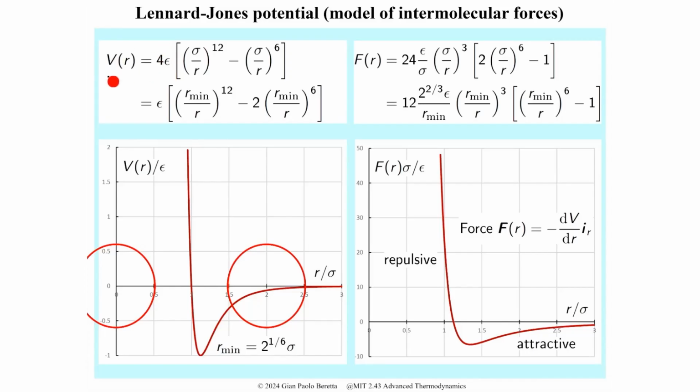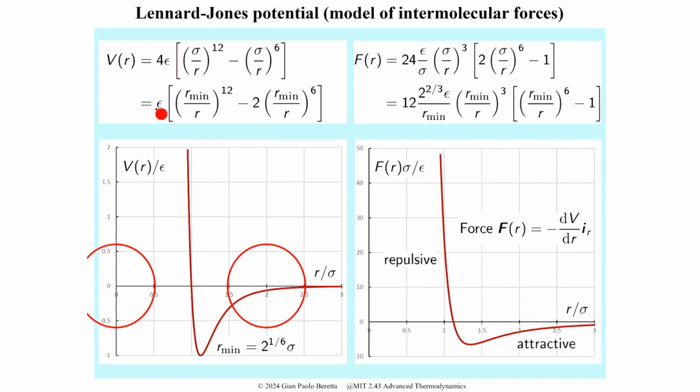The Lennard-Jones potential formula is written in two different ways here. One is in terms of the actual distance, and one is in terms of the distance normalized to the distance at which the minimum occurs. Sigma, as I already said, R is normalized here to sigma, so it's 1 at the distance where it is equal to the diameter of the two particles, so where the particles are colliding.